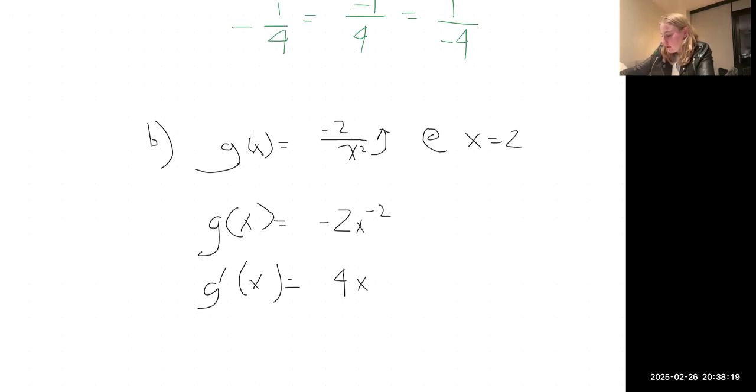I have to do the exponent on the side. Negative 2 over 1 minus 1 over 1.